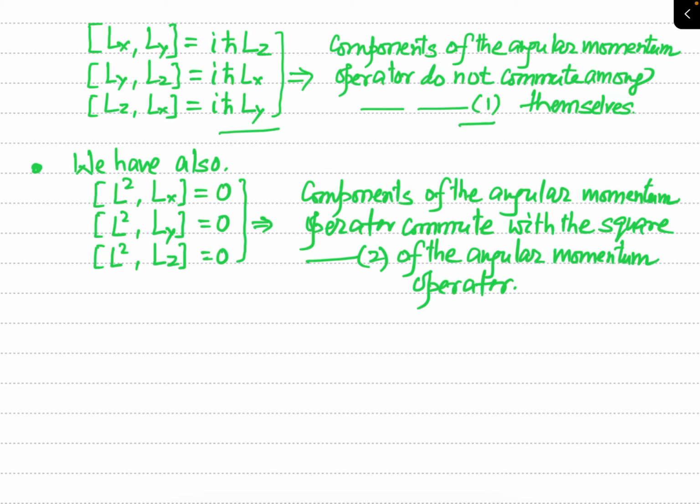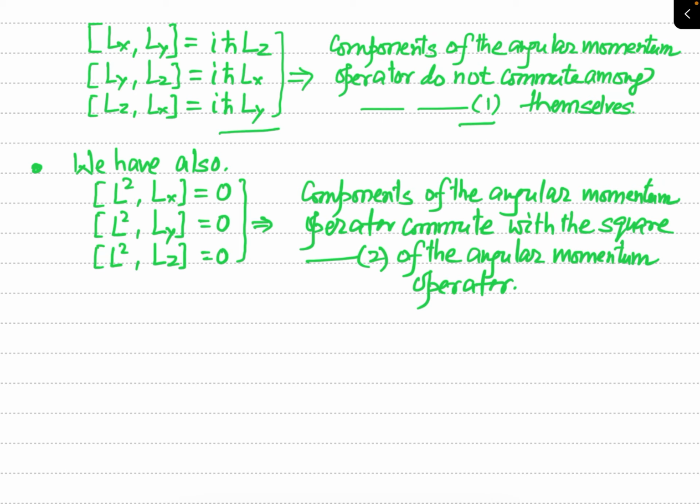So you can say that any quantity or any observable, which has even not a classical analog, may be treated like an angular momentum operator, but only when the components of that vector operator obey the commutation relations like the commutation relations obeyed by Lx, Ly and Lz.